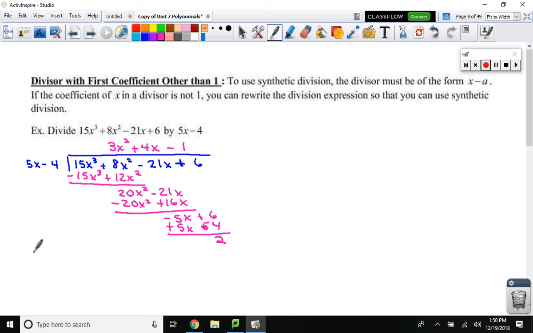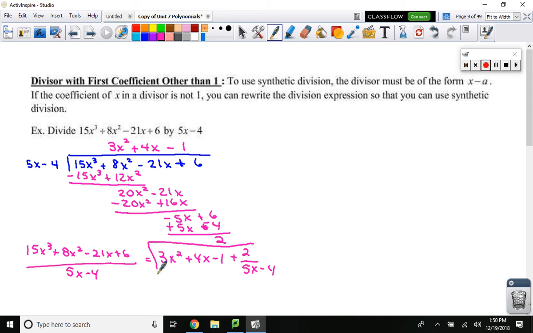So I know that my answer, 15x cubed plus 8x squared minus 21x plus 6 divided by 5x minus 4 is equal to 3x squared plus 4x minus 1 plus 2 over 5x minus 4. That's my final answer. Long division is my method.